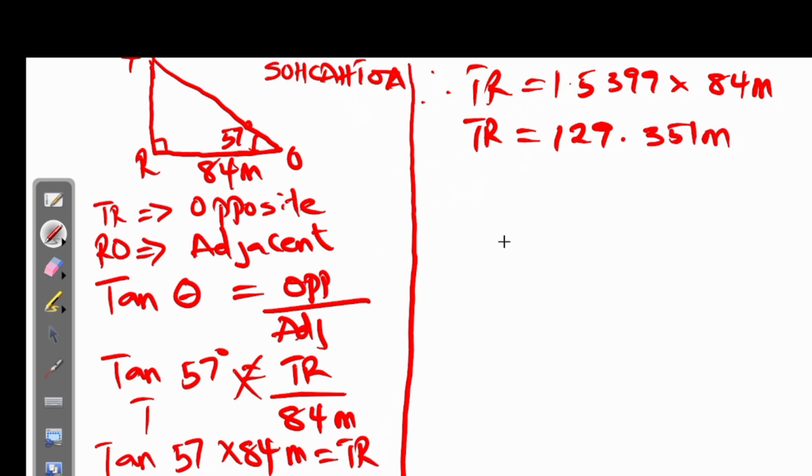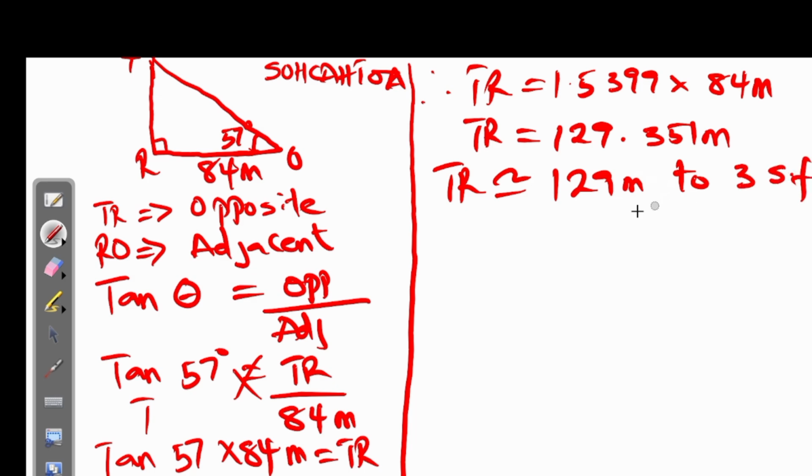Now we come back to the instructions: three significant figures. So TR is approximately 129 meters to three significant figures.